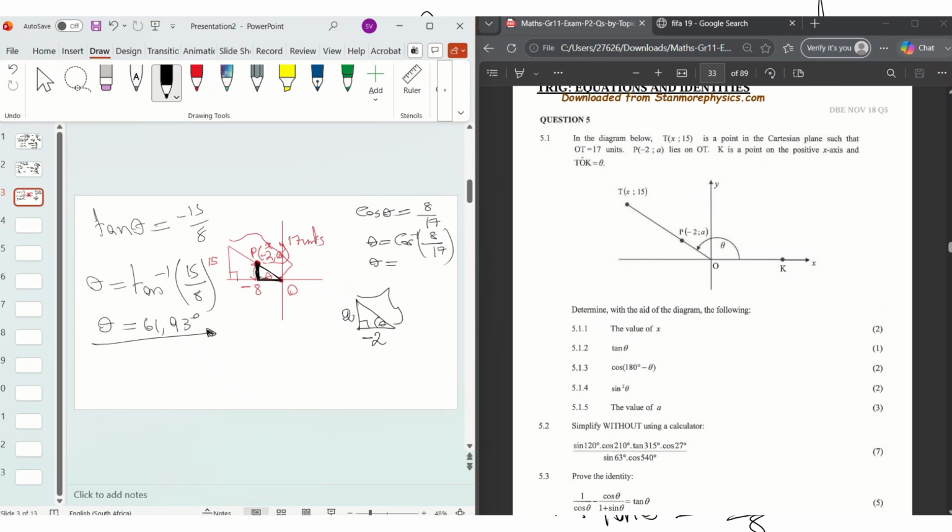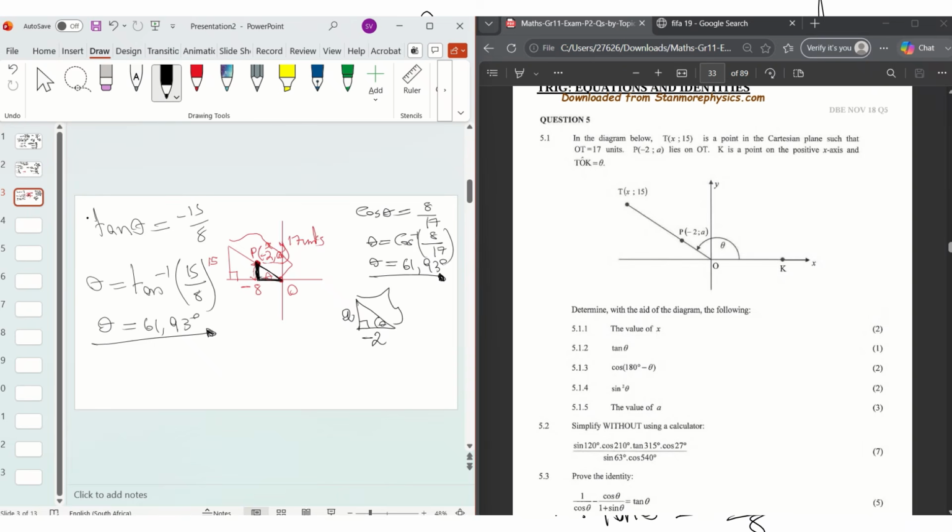That will give us 61.93 degrees again. I just rounded off now. So as you can see, guys, our angles are the same. So this means that this theta here is actually 61.93.